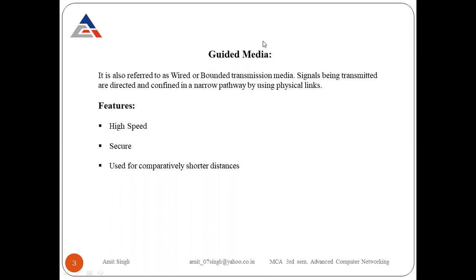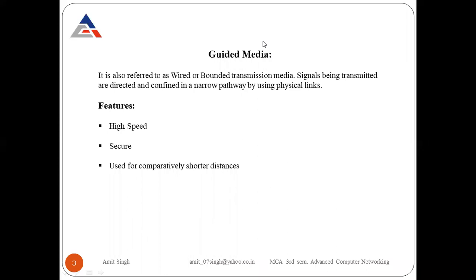Next, secure. Why are the packets or the data secure when we are using guided media? Secure because all the packets follow the same, dedicated path. No other packet can follow that particular path, because a dedicated link is made between the sender and the receiver.